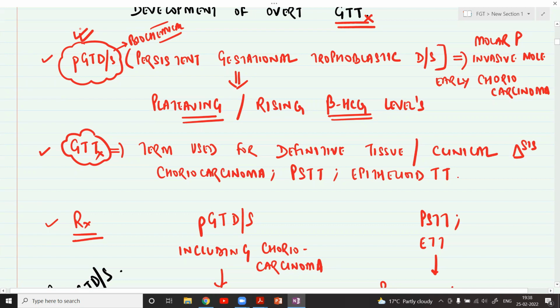Is it clear to everyone that whenever the beta HCG levels keep on rising, or are plateauing and not coming down, I am using the term persistent gestational trophoblastic disease. There is no tissue diagnosis available in case of persistent gestational trophoblastic disease.